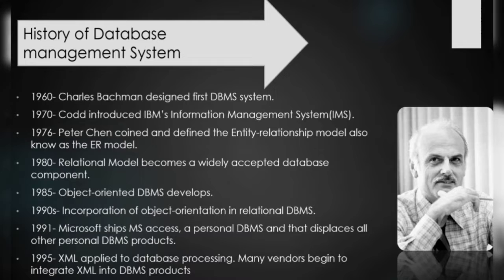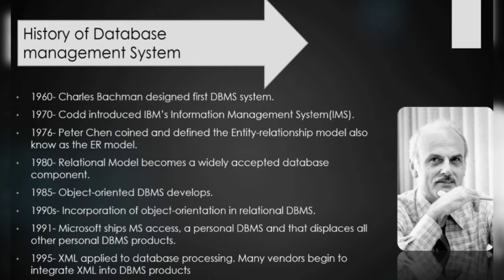Now we will look at the history of the DBMS. In 1960, Charles Babbage designed the first DBMS system. Next, in 1970, Codd introduced IBM's Information Management System, also known as IMS.